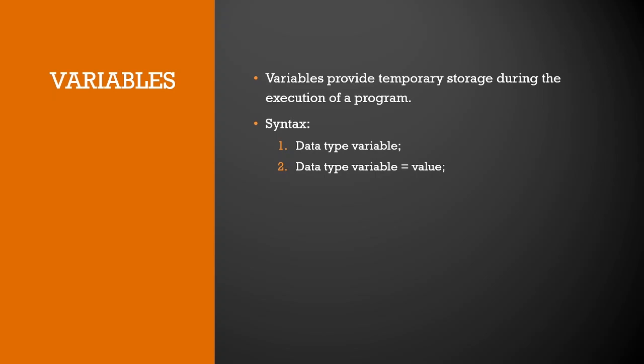Second, data type variable name equals to value. Let's see an example. An example of a variable is int a. We're going to talk about int in the next slide. The other way we can create a variable is int a equals to 10. At that point we have assigned a value to variable a.